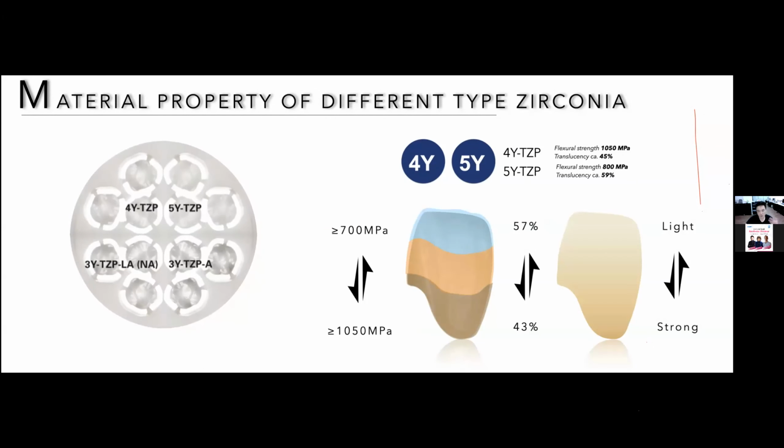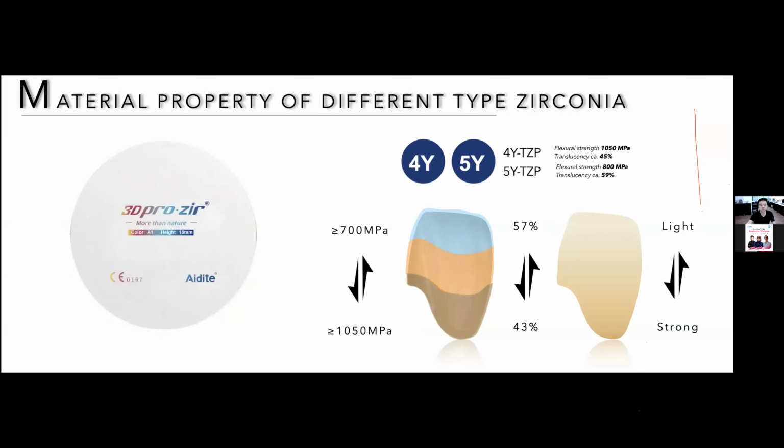So I like to use the Aidite 3D because this is all-function, and for every case and every situation, I can use just one material. So it's very easy to use, and I don't need to think about every different type of design. This has multicolor, multi-translucency, and multi-strength.